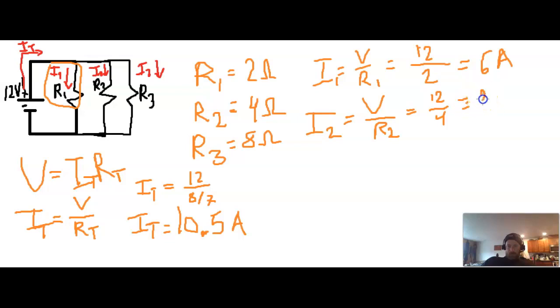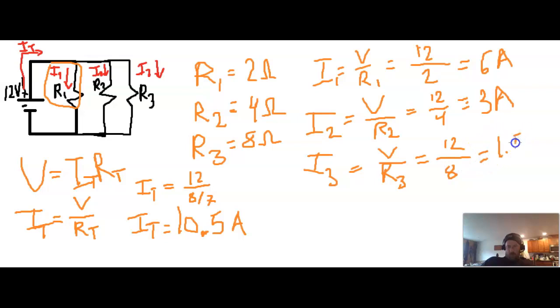Bad equal sign, but that's just an equal sign, 3 amps. And then finally, I3, same thing, equal to V over R3. I apologize for my messy computer handwriting. I'm trying my best. 12 divided by 8, which is equal to 1.5.